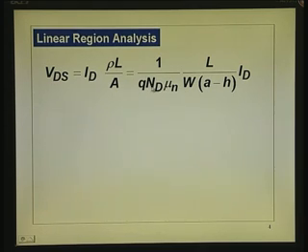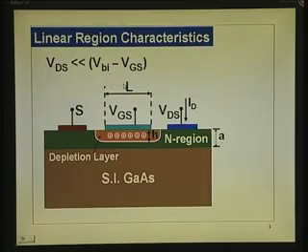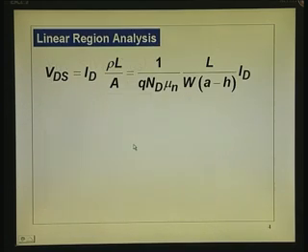The area of cross section is the channel thickness, which is A minus h. Now, depth is W. So W into A minus h is the area of cross section, L is the length. So VDS is equal to ID into rho into L by A.